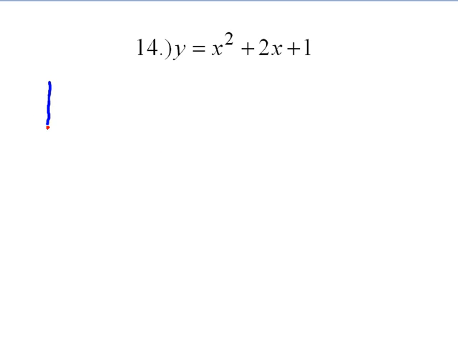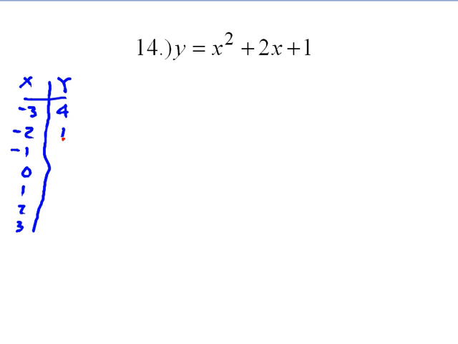Alright, let's get some of our x and y values. This is a quadratic. We'll start with our negatives this time. 0, 1, 2, and 3. Okay, I start with easy numbers because I'm going to have to put it into this longer equation. For negative 3, y equals 4.